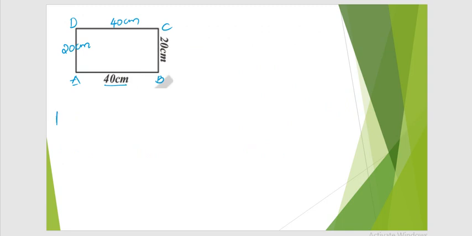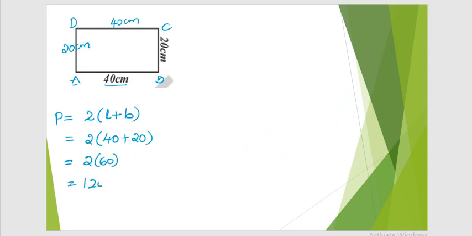Already we know the perimeter of a rectangle is given by, recall all the formulas, 2 times (L plus B). What is the length here? The length is 40. What about the breadth? The breadth is 20 centimeters. So 2 times 60 gives me 120 centimeters.